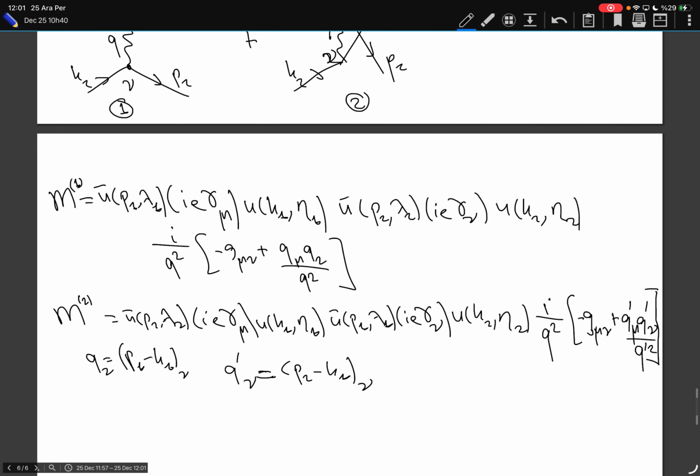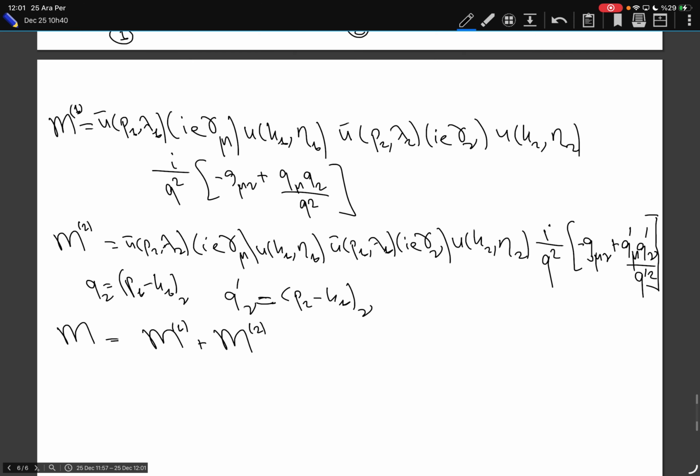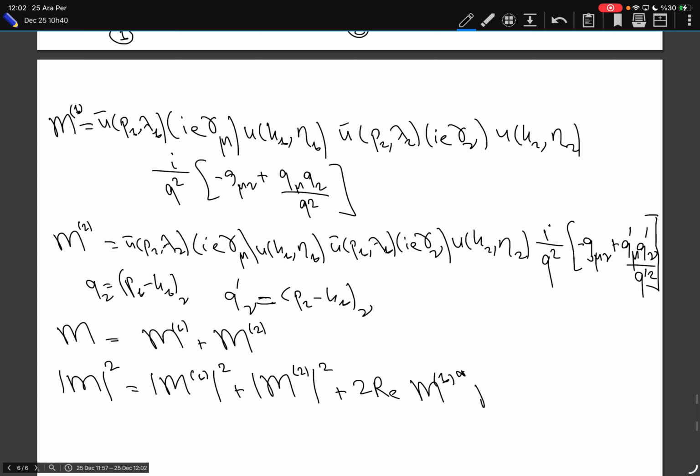And the total invariant matrix element for the scattering will be M1 plus M2. Now, of course, I will need to evaluate M squared, which will be M1 squared plus M2 squared plus twice the real part of M1 star M2.